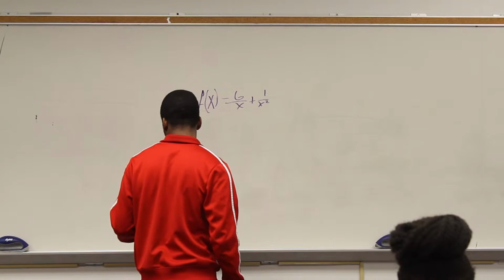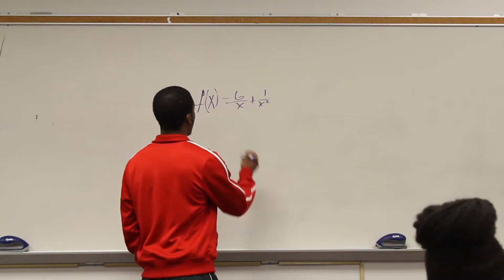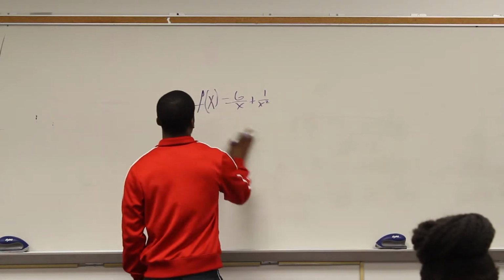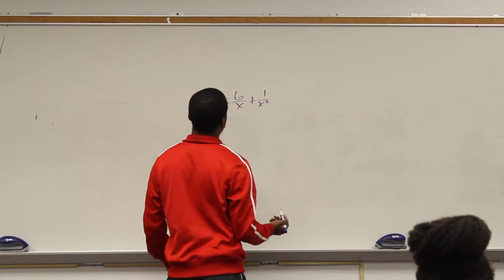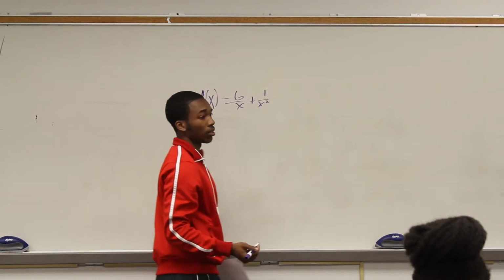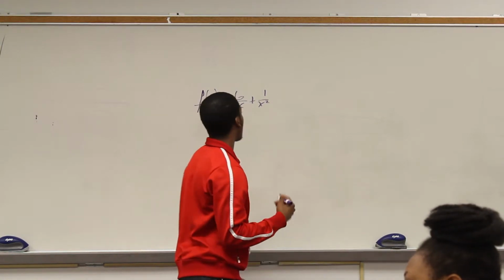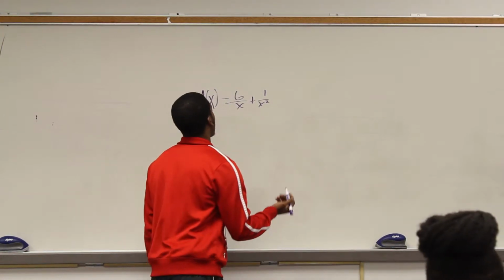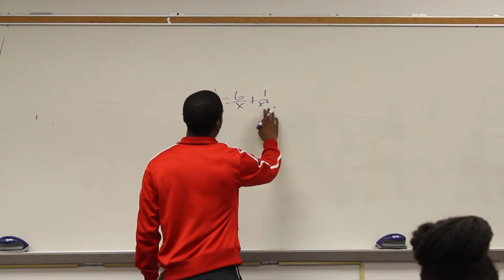The problem is finding the derivative of this function. The first thing you gotta do, the x can't be in the denominator, so you gotta bring it to the top with a minus 1, same thing with this one.